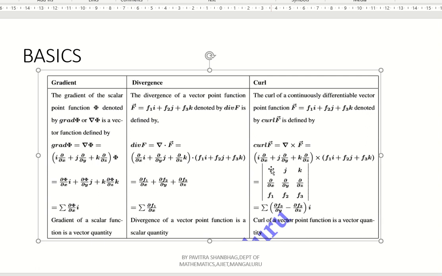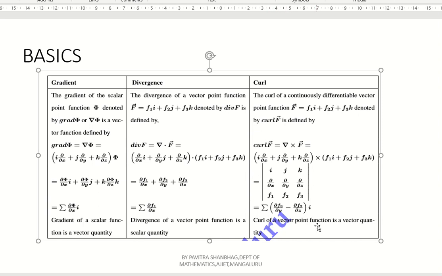That is i into (∂f3/∂y minus ∂f2/∂z), because for i, you have to leave that particular row and column, and the remaining you have to cross multiply with a negative sign in between. Now if you expand, you will get plus j plus k and so on. Or you can write it as the first term with the summation. So after operating this vector f with the curl, we are getting again a vector.